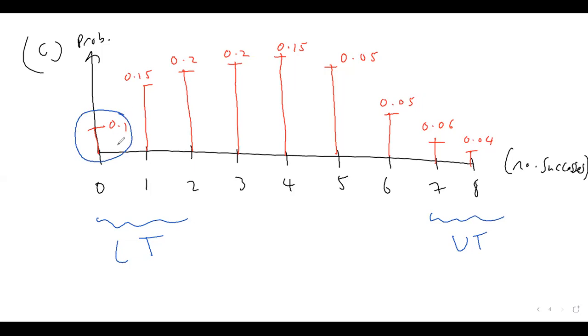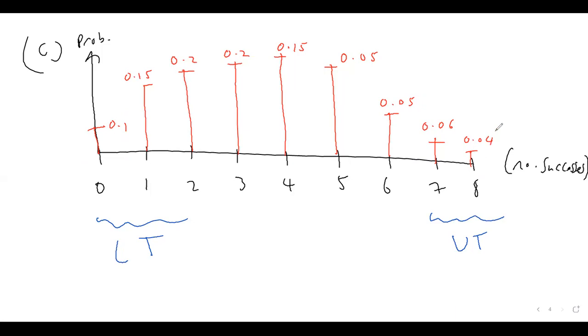So the significance level of a discrete distribution will not exactly be the significance level given in the question, because with discrete data your probabilities are not going to add up to exactly the number you want. So let's say you're going to do a 5% upper tail, one-tailed hypothesis test.